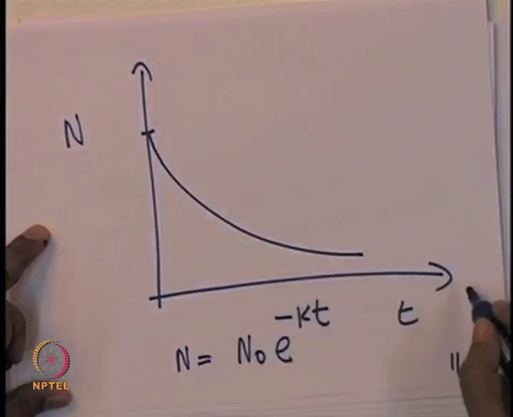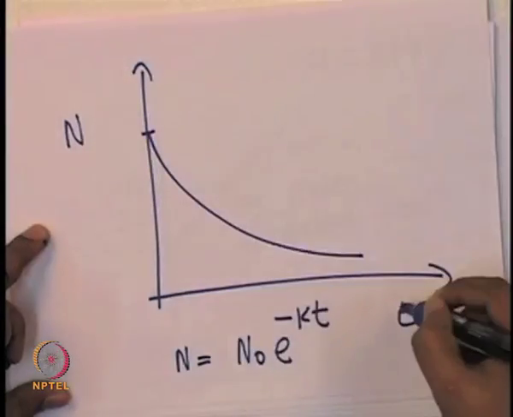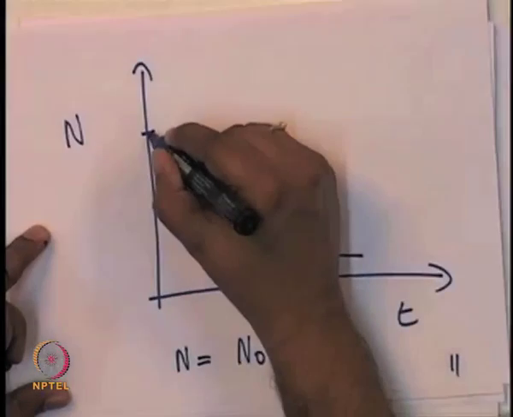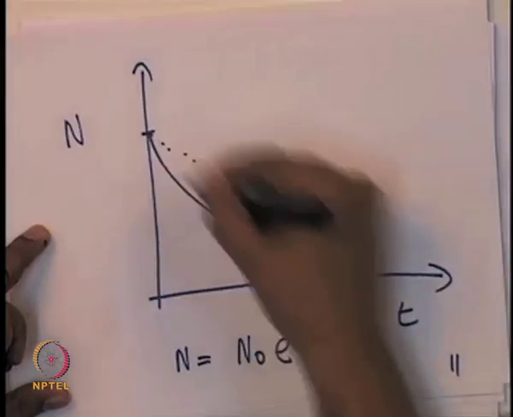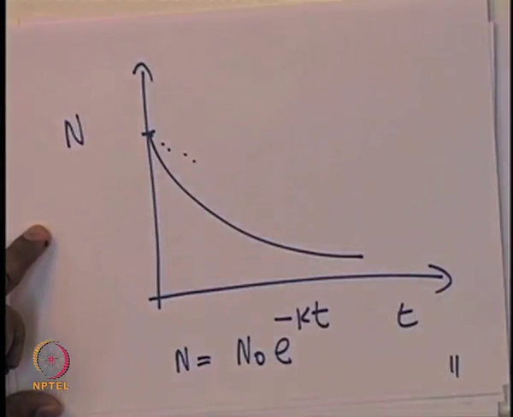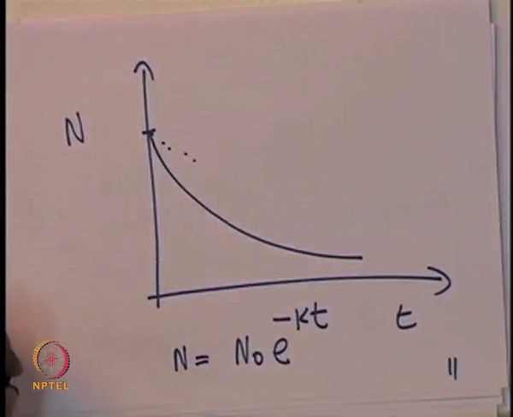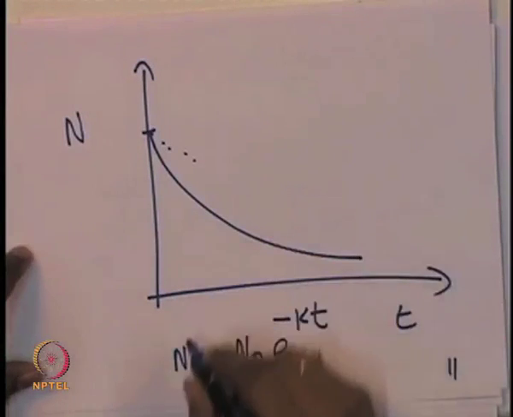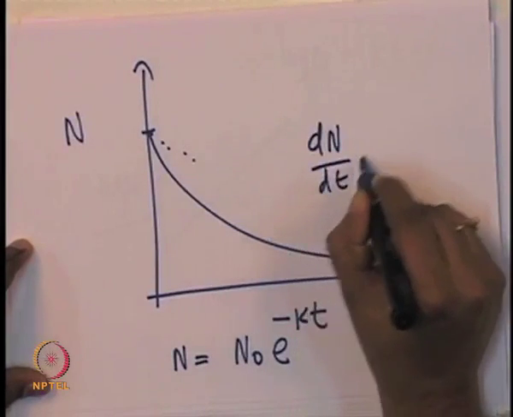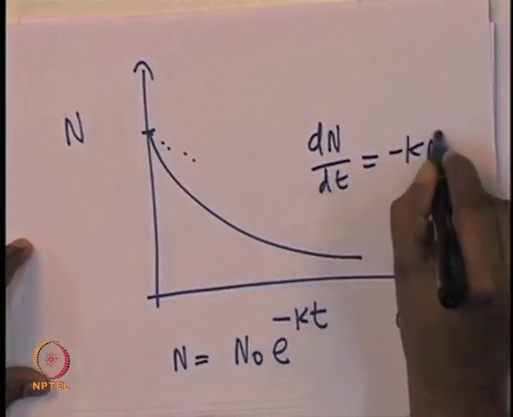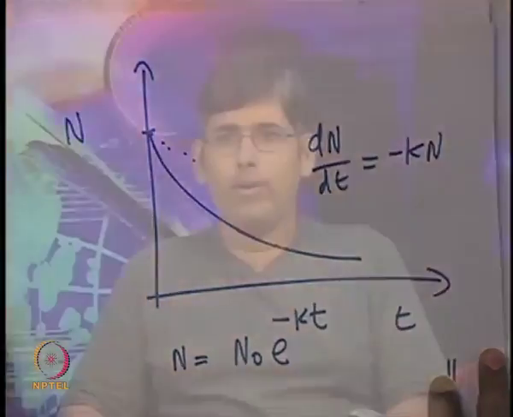As the time goes, the number decreases exponentially. If it was a straight line, we would have got something like a straight line like this, but here it is exponentially decreasing. So, this is a solution of dN by dt is equal to minus k times N. So, this is the case that we discussed.